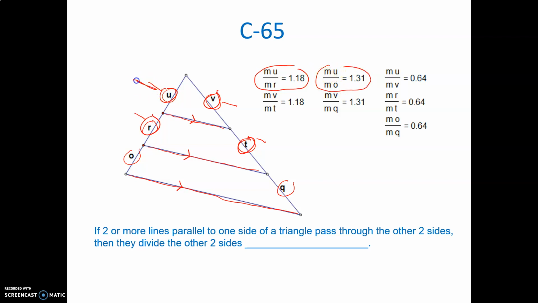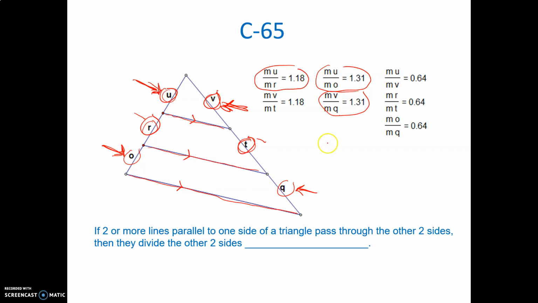So the measure of U, this guy, over the measure of O, the bottom guy. They turn out to have a value of 1.31 when I divide them. And corresponding to that would be V over Q. And when I took V over Q on Sketchpad, I also got the same ratio of 1.31.